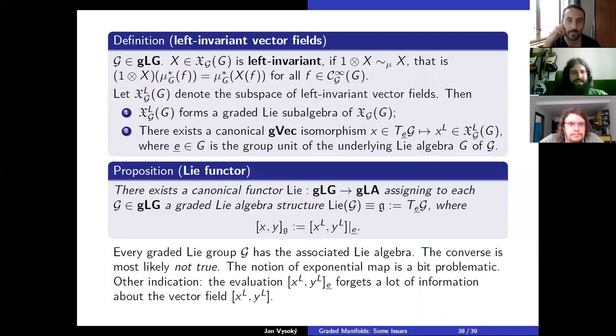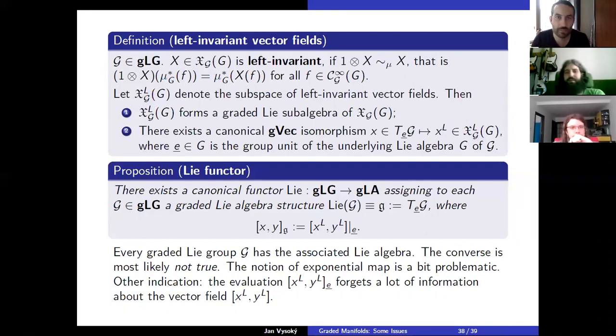I'm just interested in whether you can have interesting group structures that are non-isomorphic at the level of graded Lie groups, but have the same Lie group as their base. Yes, I don't know, but okay.